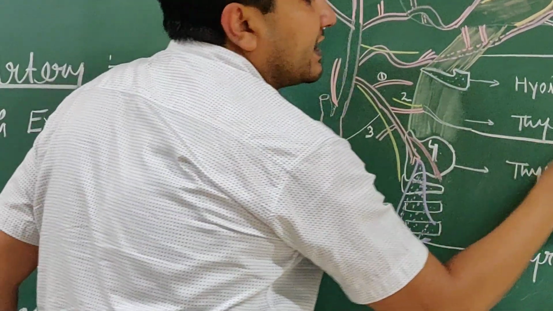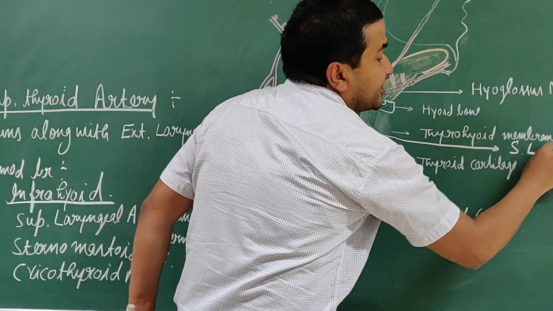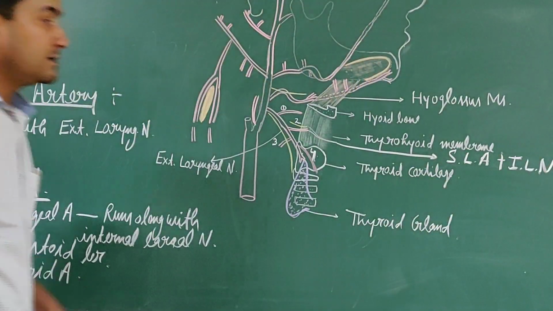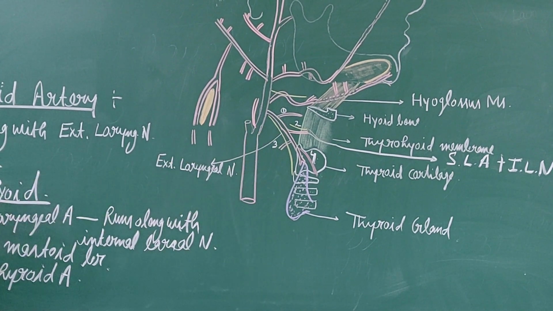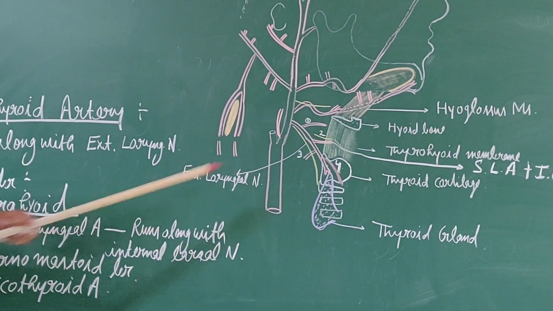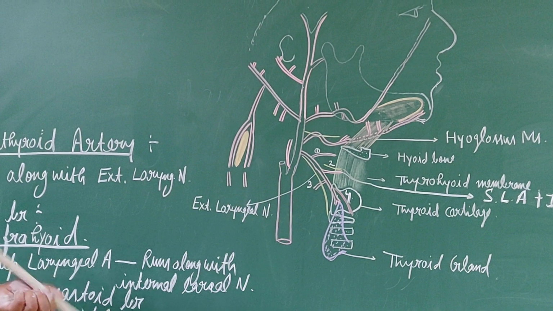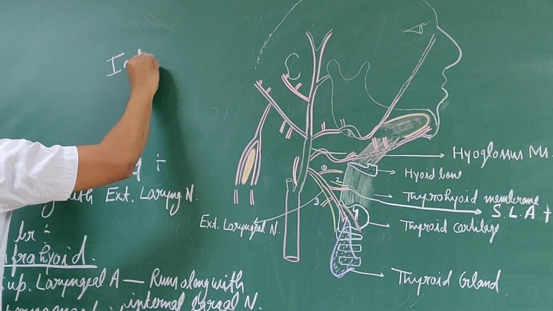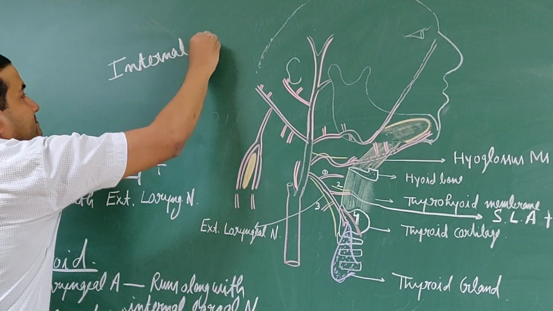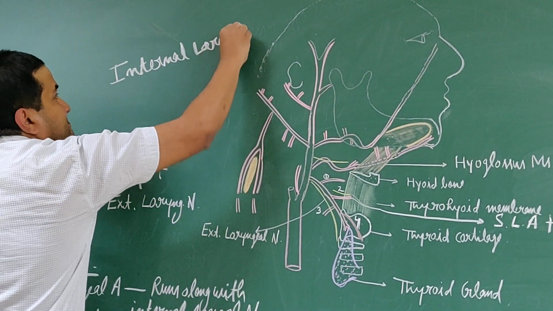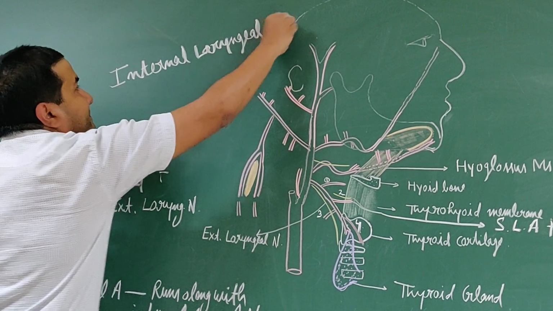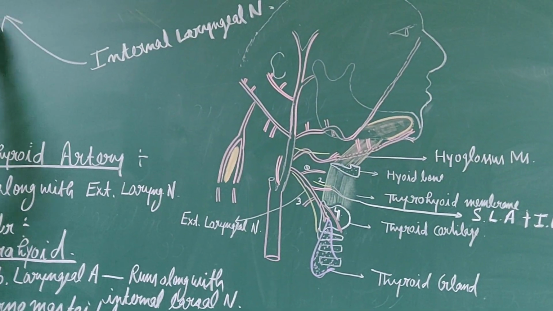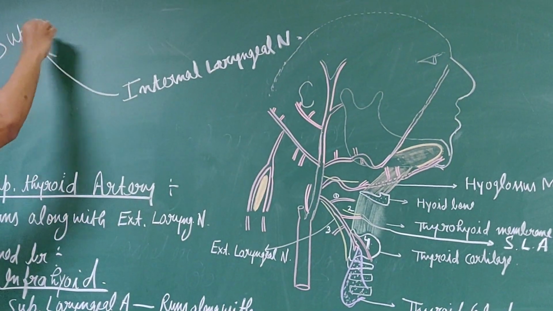This is the superior laryngeal artery plus the internal laryngeal nerve. This superior laryngeal artery runs along with a nerve, and this nerve is the internal laryngeal nerve. This internal laryngeal nerve is a branch of the superior laryngeal nerve.